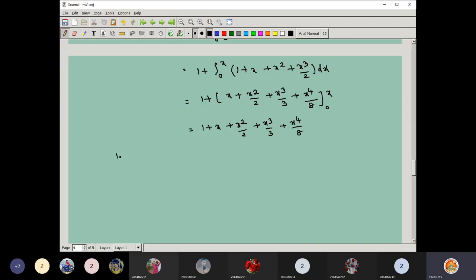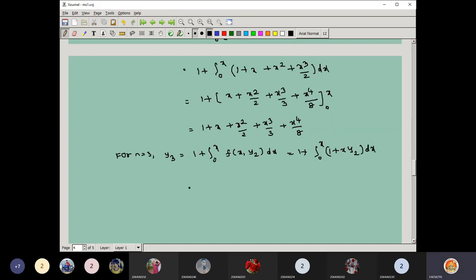Similarly, you can go for the third approximate root. It is y3. So what about the y3 value? It becomes 1 plus integral 0 to x of f(x, y2) dx. So 1 plus integral 0 to x. It looks like 1 plus x into y only, but it is y2.